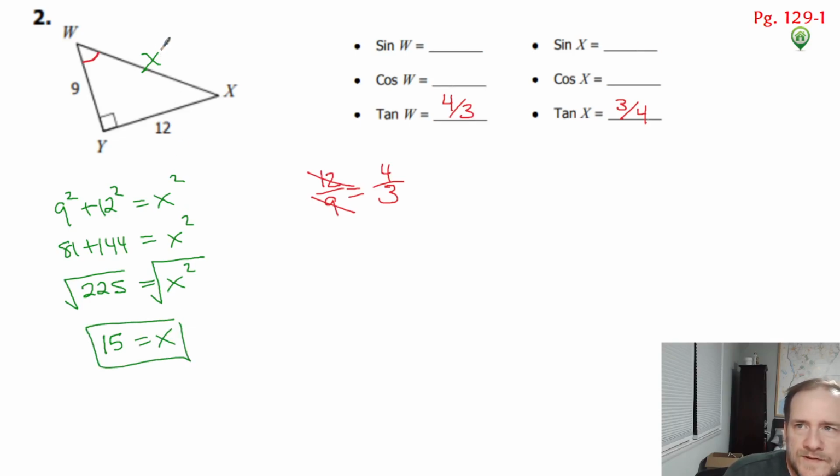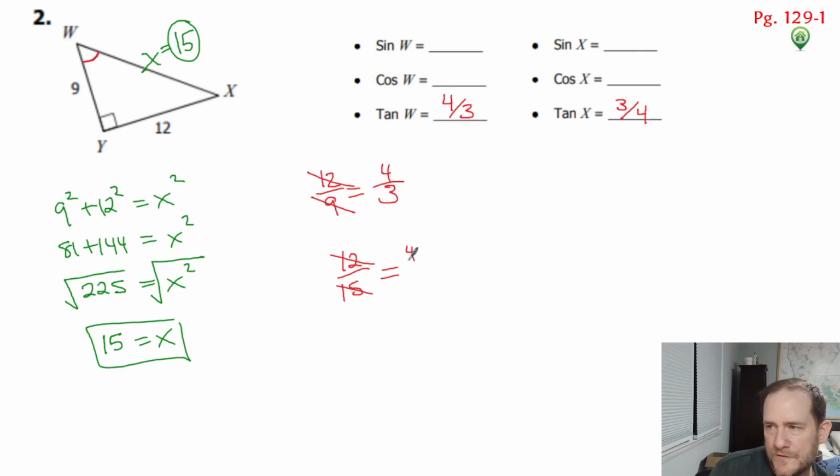So that means that this hypotenuse is exactly 15, which would mean that the sine of W, if I do opposite over hypotenuse, is 12 over 15. But wait, 12 over 15 reduces because they're divisible by 3. So if you divide by 3, you get 4/5. So sine of W should be 4/5.